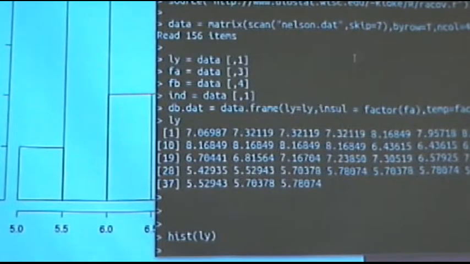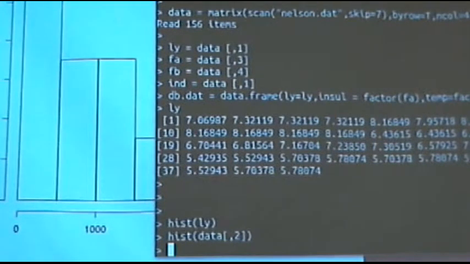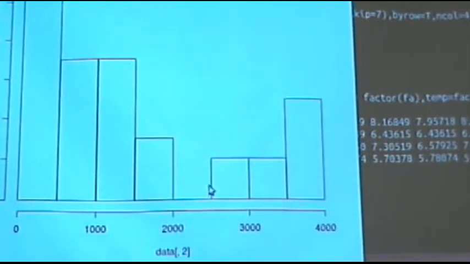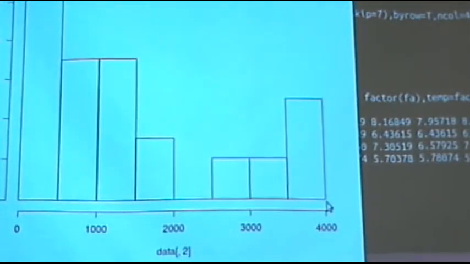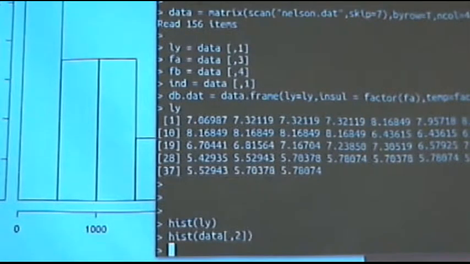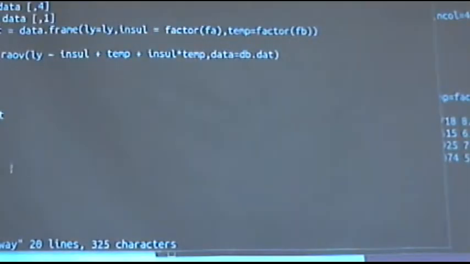You can do a histogram of the original data. Anyways, we looked at some plots and we decided that we just do them. Okay.